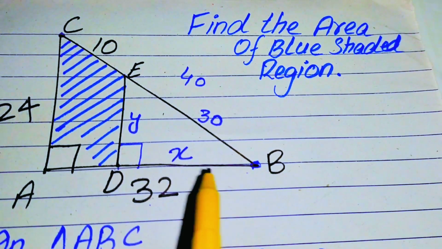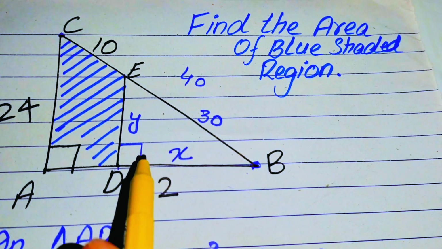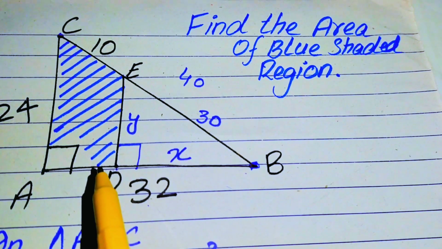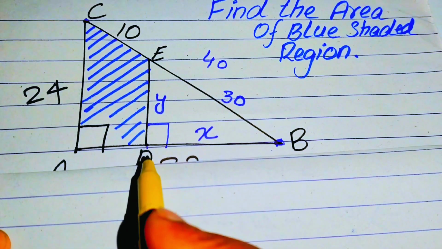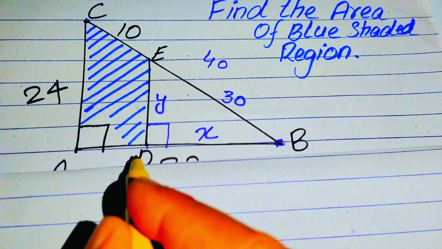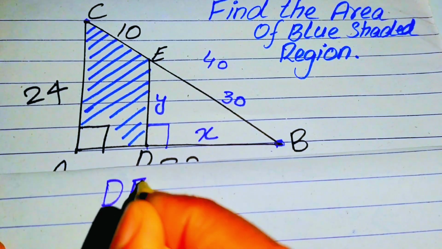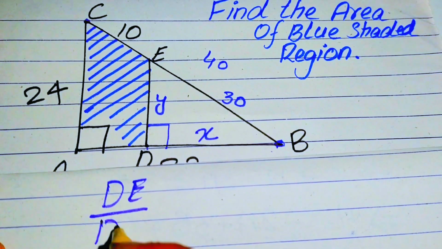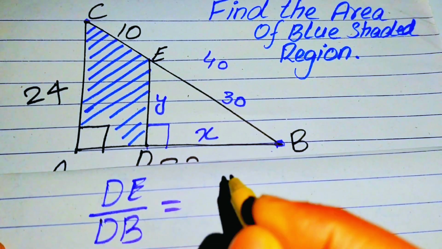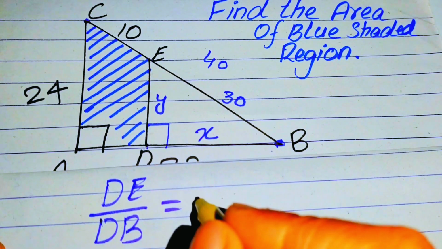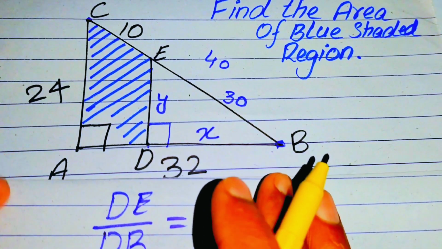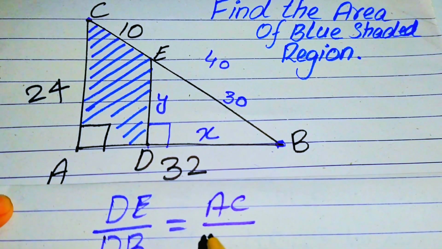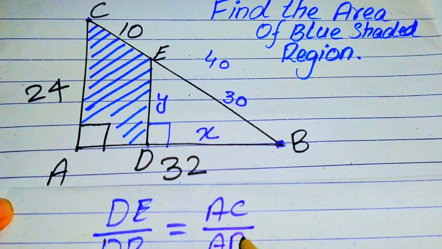These two sides also make the same right angle, so we equate the ratio of side DE over the other ratio, DB, equals the ratio of the side AC divided by the ratio of the side AB.